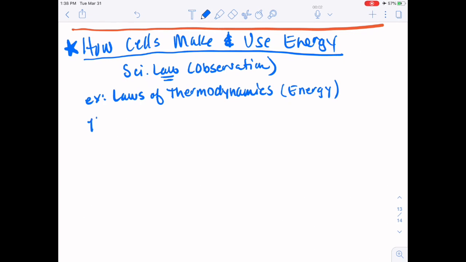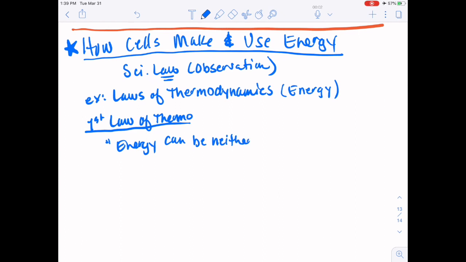And the first one would be the first law of thermodynamics, which basically states energy can neither be created nor destroyed.